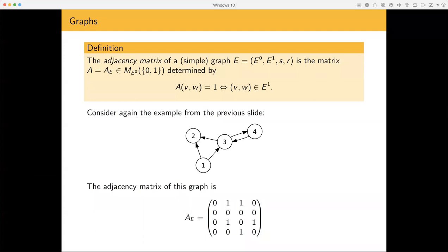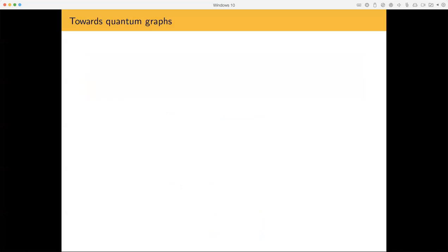Anyway, that's the structure that one is studying in finite graph theory, or one of the structures. And quantum graphs are a non-commutative generalization of this.